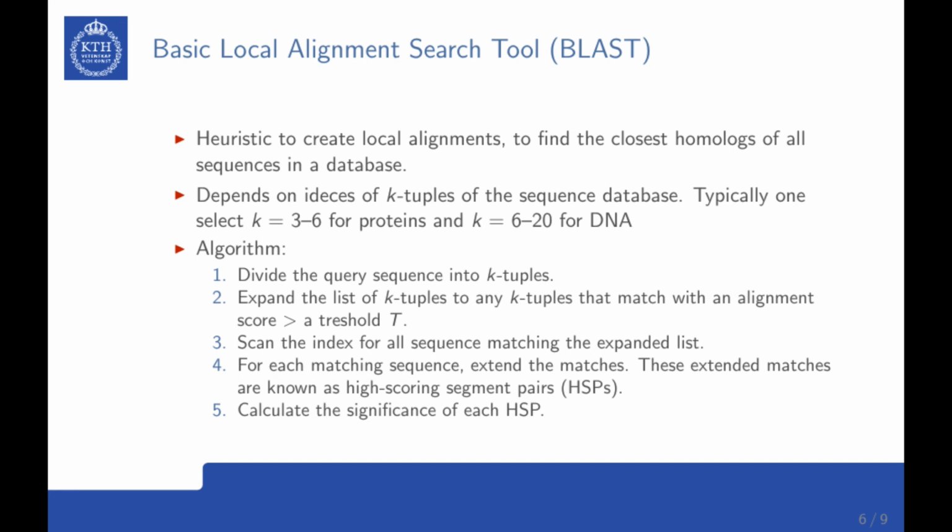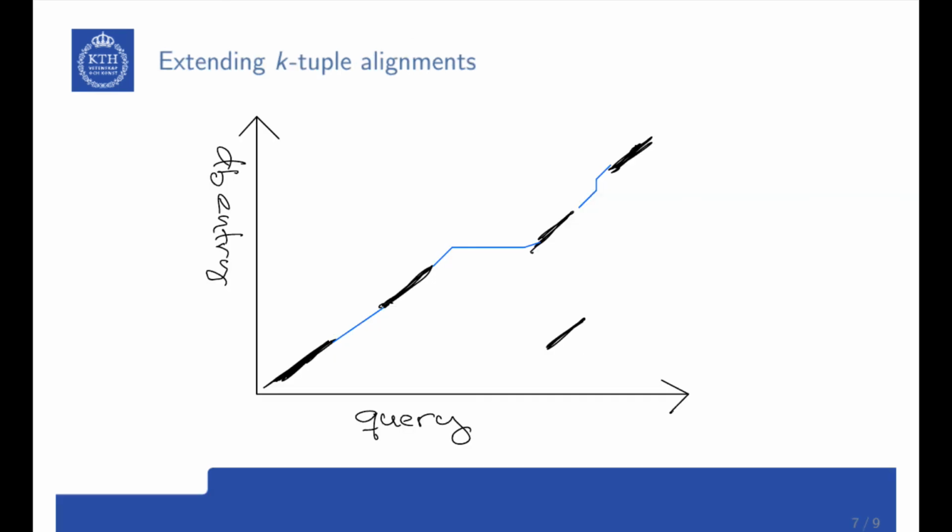Two of these steps probably need a closer explanation. Firstly, how do you extend the k-tuples? If you plot the query sequence versus the database hit, the sequence in the database, you will see diagonal lines where the two sequences match.